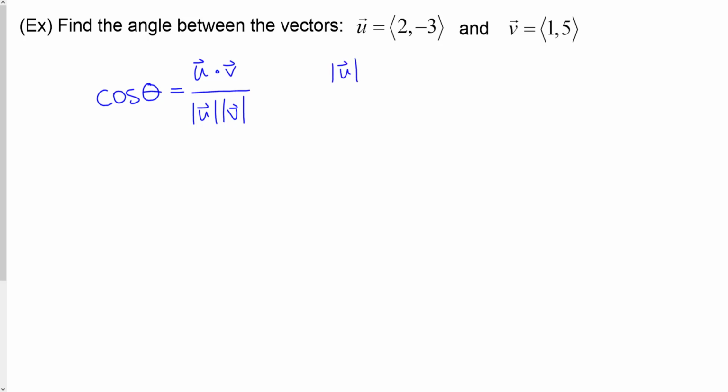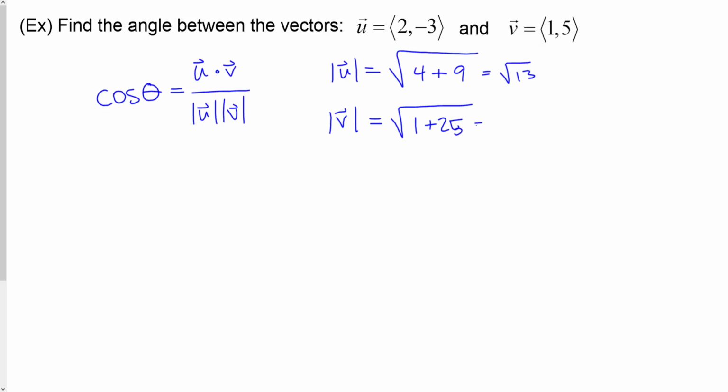The magnitude of u is the square root of its x component squared plus its y component squared, so root 13. The magnitude of v is its x component squared plus its y component squared, so square root of 26.